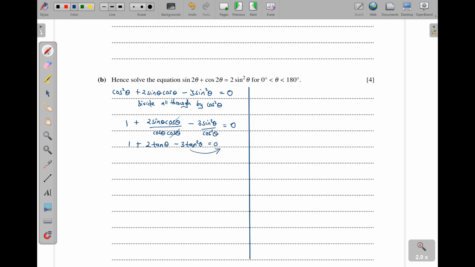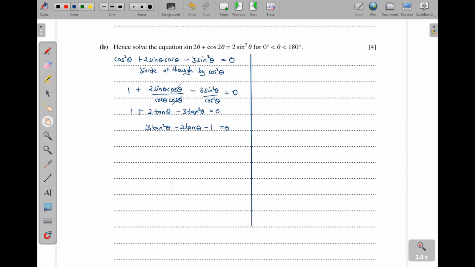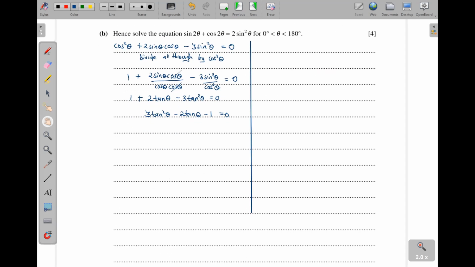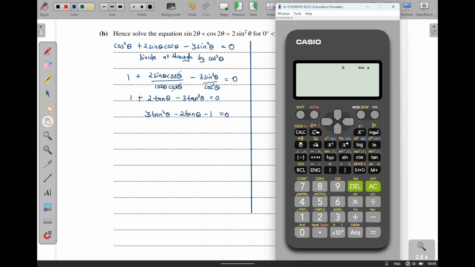So when everything comes this side, we shall have tan now becoming positive. So 3 tan squared theta minus 2 tan of theta, then minus 1, is equal to 0. And I think this one is factorizable. Let's check and see. I'll press mode, then equation is 5, then 3, that is quadratic.